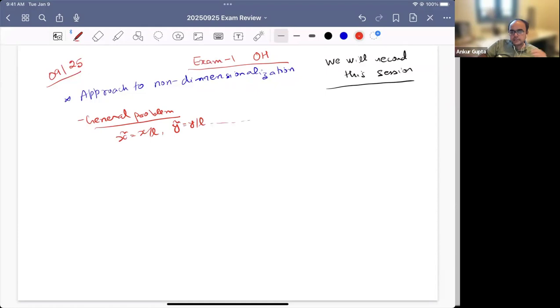That's how you usually non-dimensionalize the coordinates. Then for any sort of time, typically you take a diffusion coefficient. If there are multiple components like dA, dB, dC, you can pick any of them. Let's say dA, and you can say tau is dA t by L square.